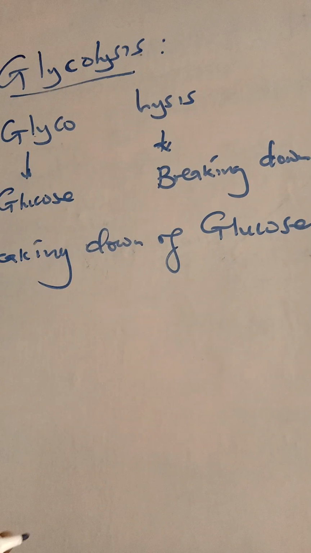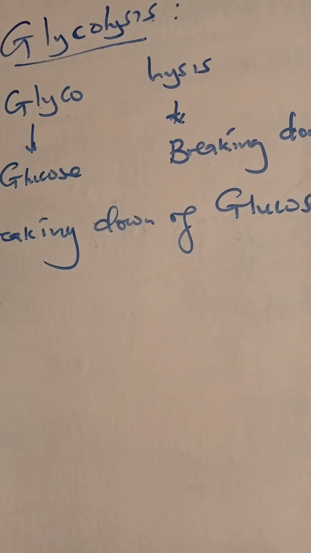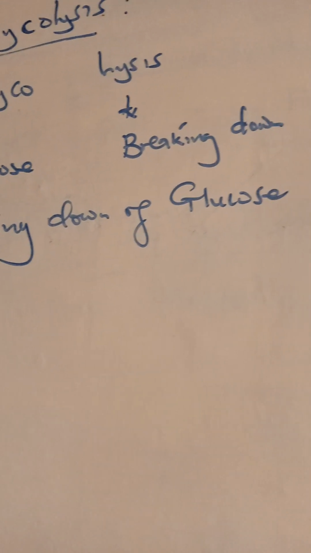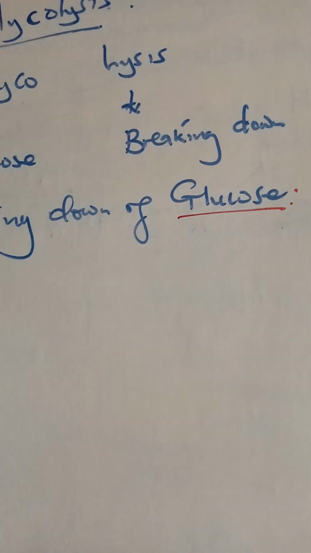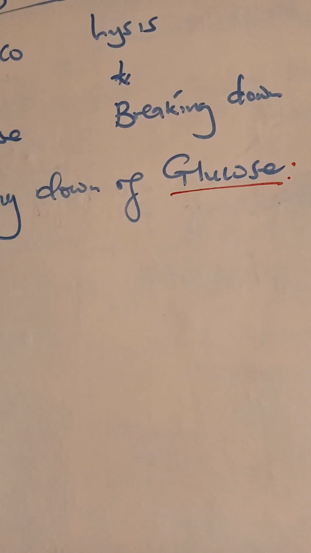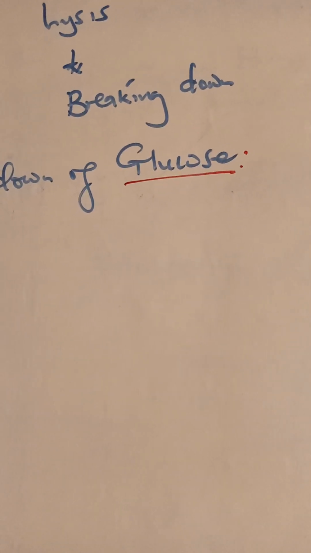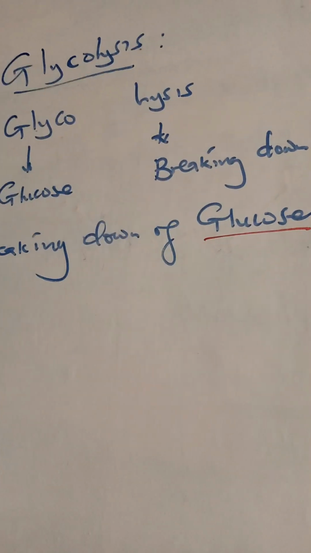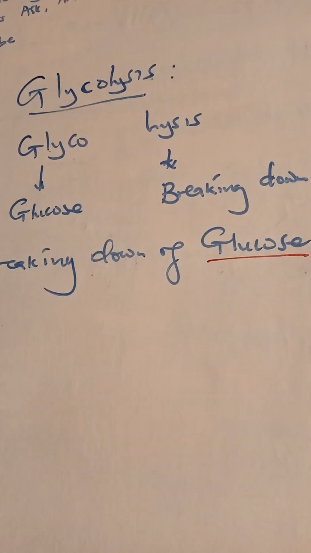The primary source of this process is glucose. And in the previous video, we said that the process of glycolysis occurs in the cell. Today we want to look at the anatomy and physiology of this process.